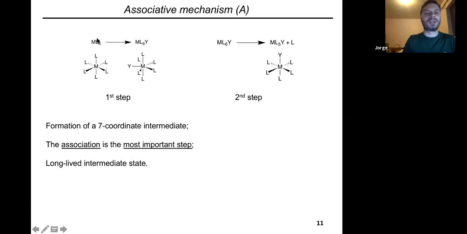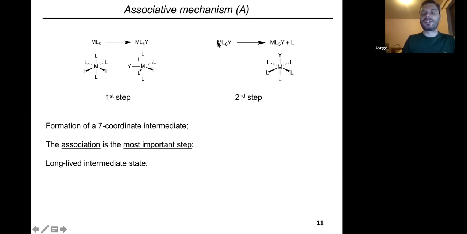As you can see here, you start from coordination number 6 and move to coordination number 7. So you are expanding the coordination number. This step will be really important in the future.